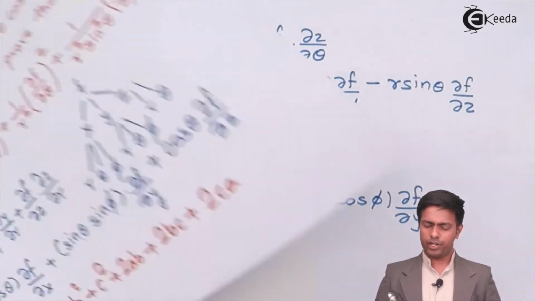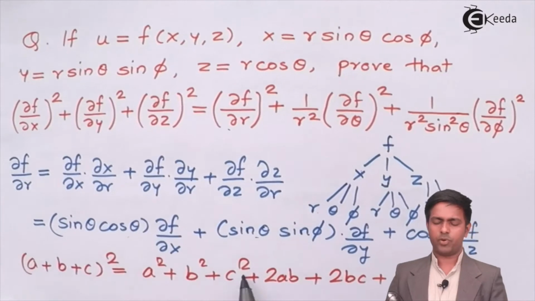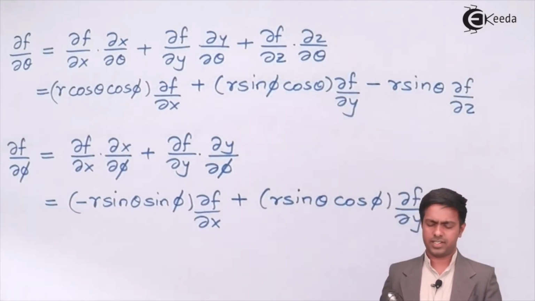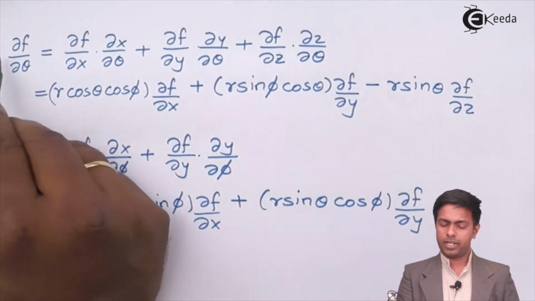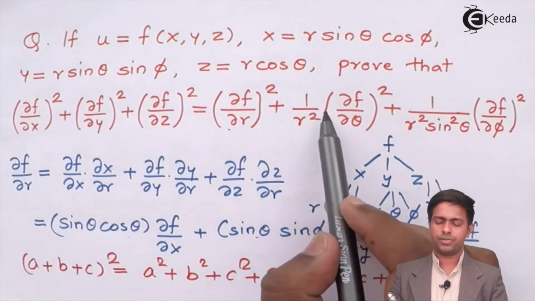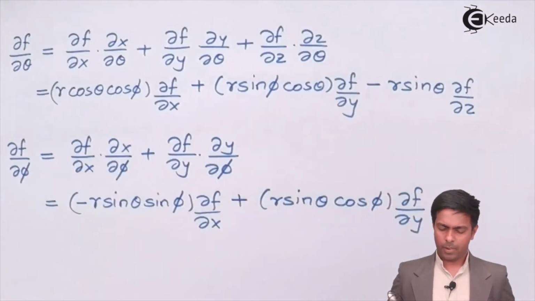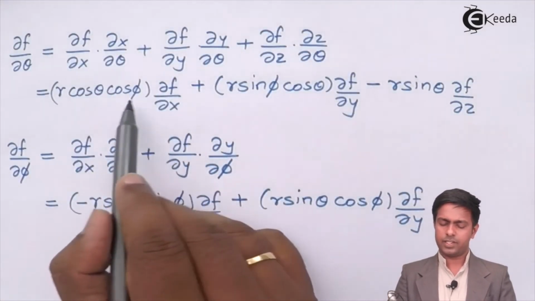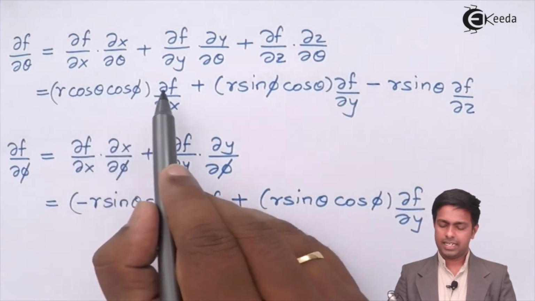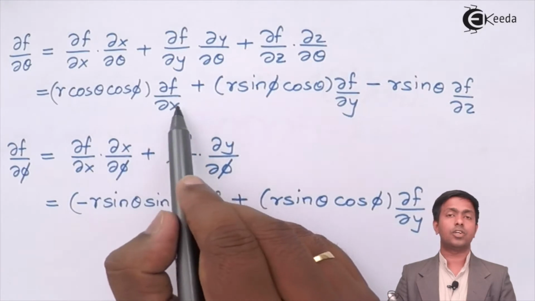First of all, we'll do a square plus b square plus c square. So square of this plus square of this plus square of this. And guys, don't forget to multiply this with 1 upon r square because it is given in the question. So if I do the square of this, it will be r square cos square theta cos square phi del f by del x the whole square.